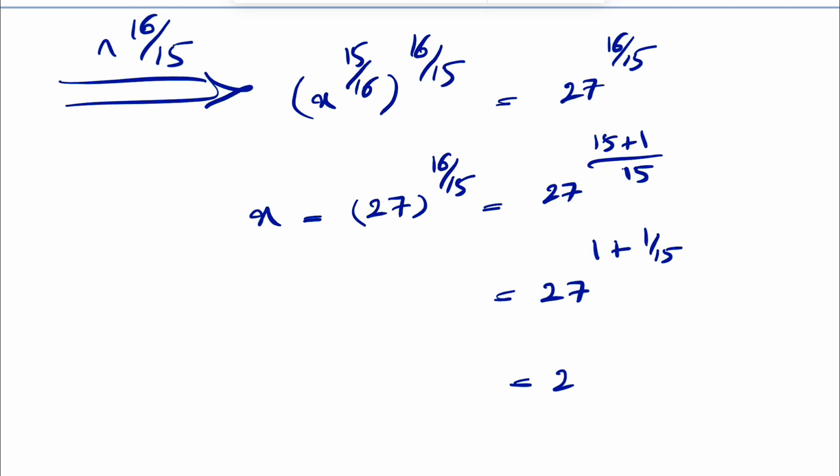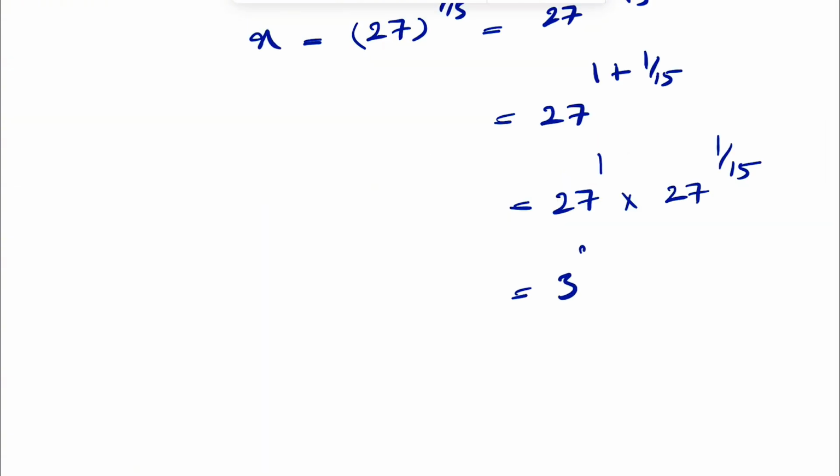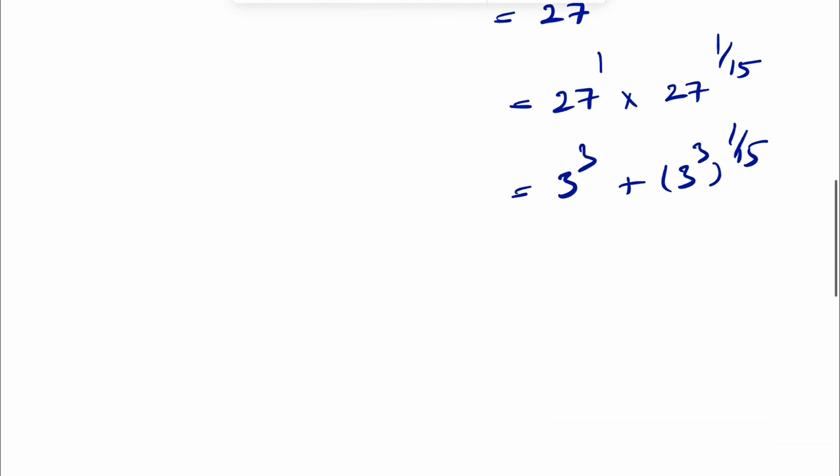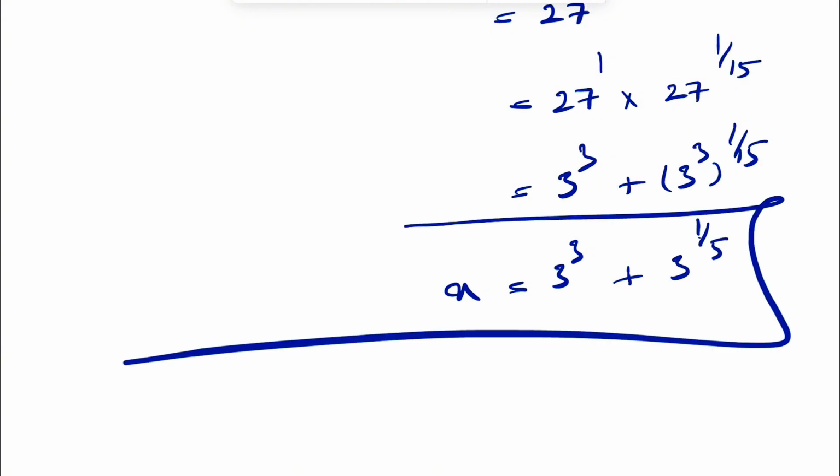As we discussed, this is equal to 27 to the power of 1 times 27 to the power of 1 over 15. We know 27 is 3 cubed, so this is 3 cubed to the power of 1 over 15, which gives us 3 to the 3 plus 3 to the power of 3 over 15, or 1 over 5. And that's going to be the final answer for this question.